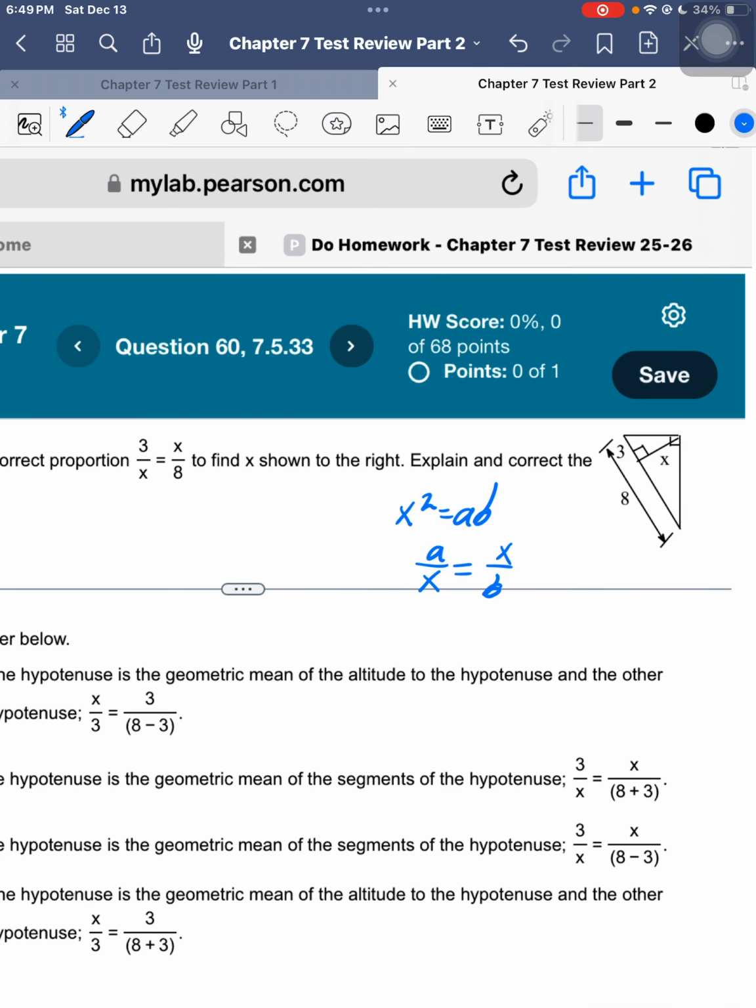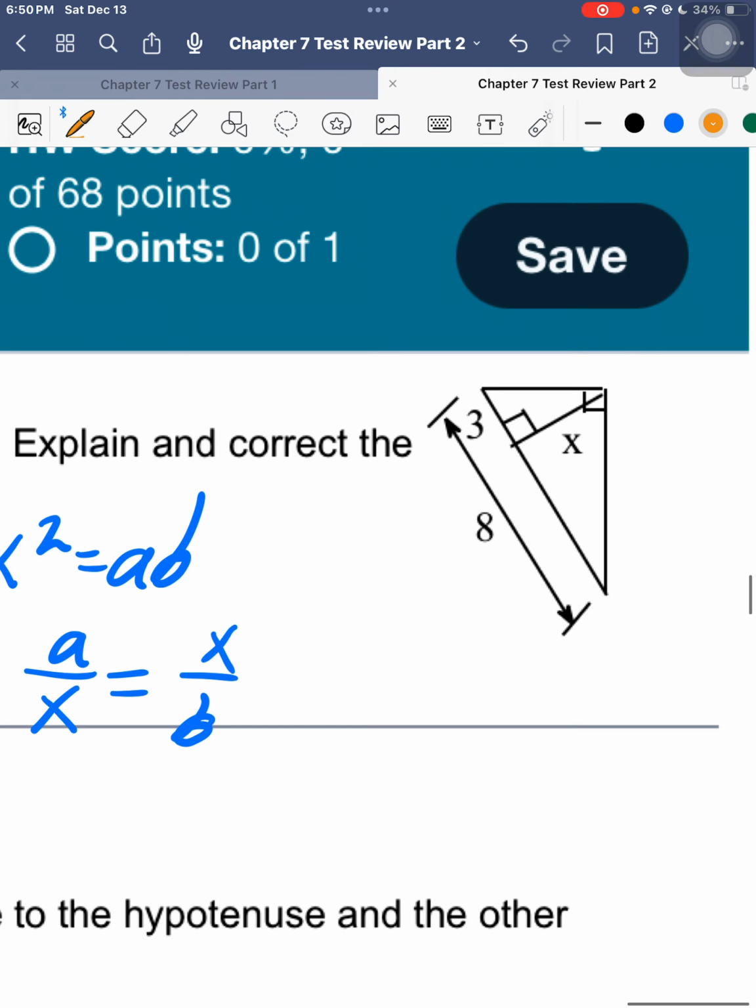He said 3 over x, which so far sounds good, is equal to x over 8. Let's do it in a different color. He said that is equal to x over 8. That's where he went wrong, right? Because where is this geometric mean at, guys? This geometric mean is on the altitude.